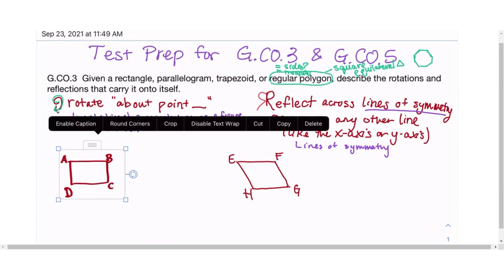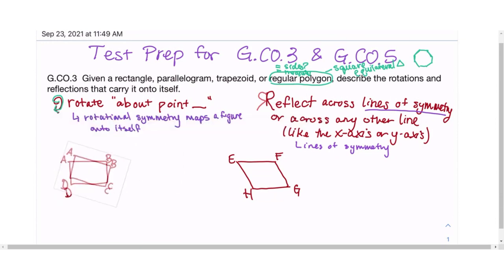Well, okay, close enough. If I were to rotate it like this, the only time that it's mapping it or carrying it onto itself is when it goes back to the exact same position in the exact same order. But this is rotating it. So where would you say that point of rotation is?